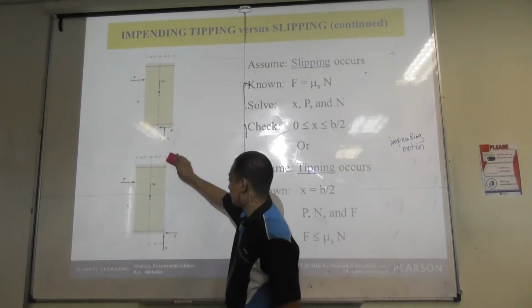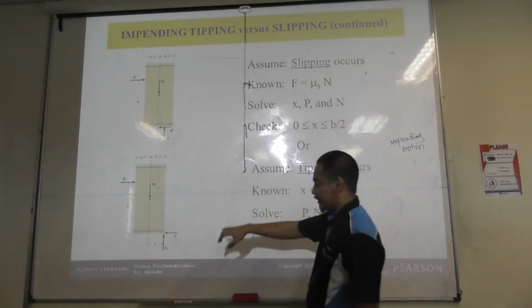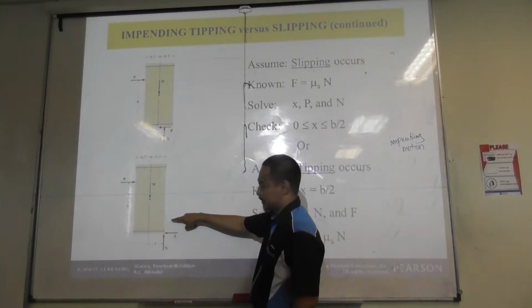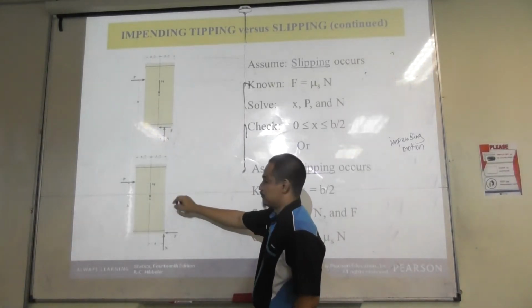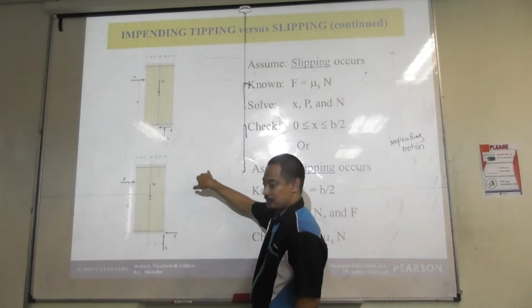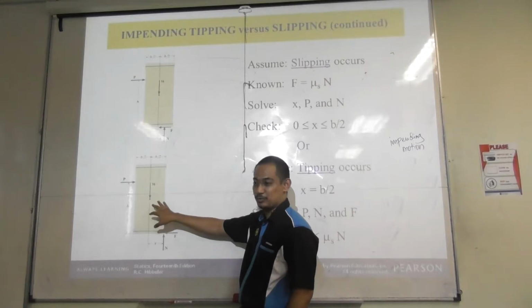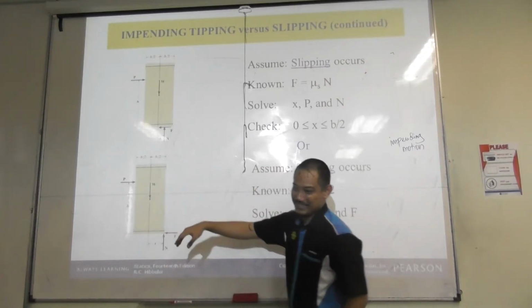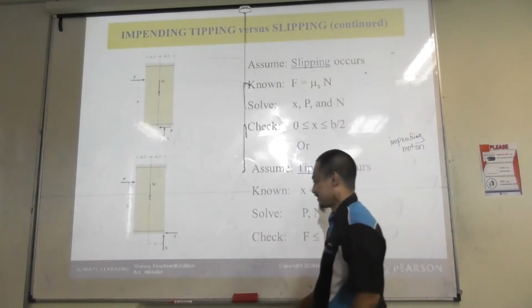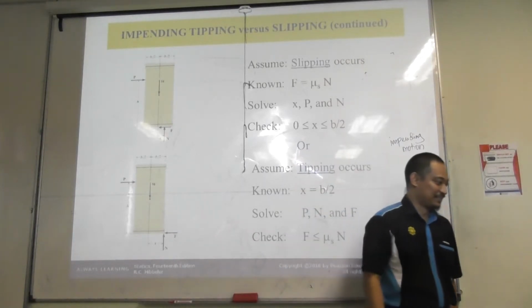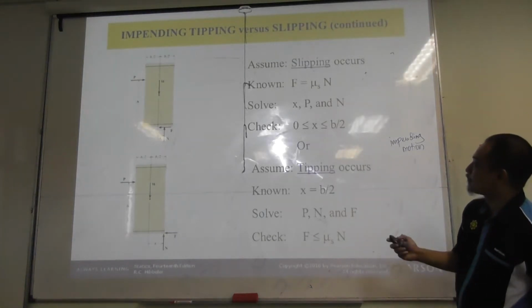Because, for example, if a student says, I assume slip first, but they draw this one, then that's wrong from the beginning. That doesn't match. So if you do not say anything, you straight draw, we will assume the worst, that you don't understand. So make sure you write it, so you use a little more time during the exam. Right, so, yeah.